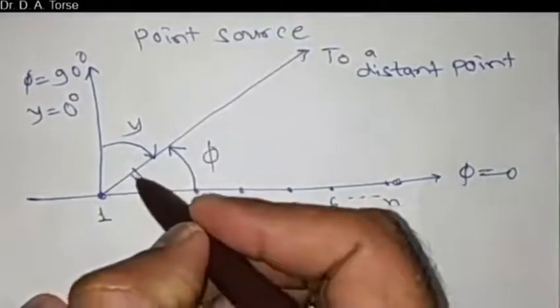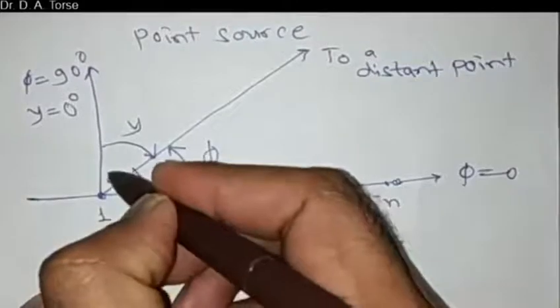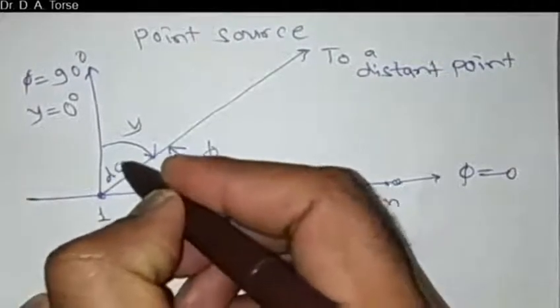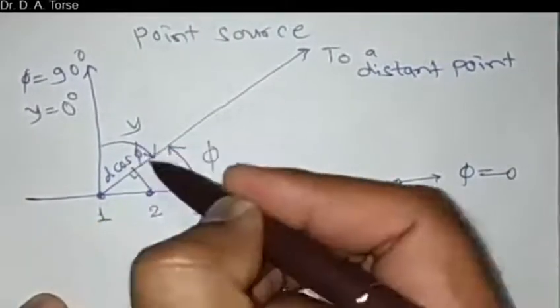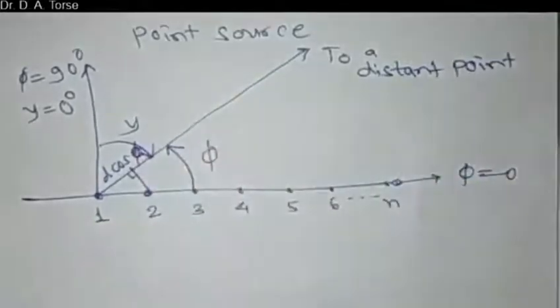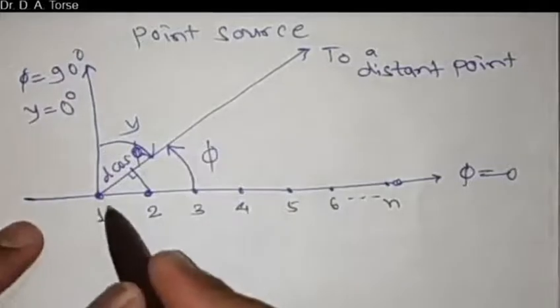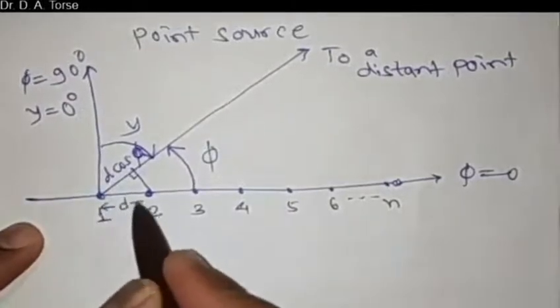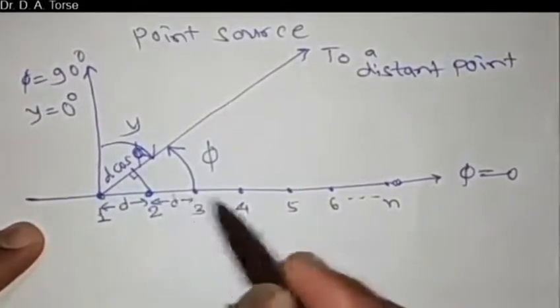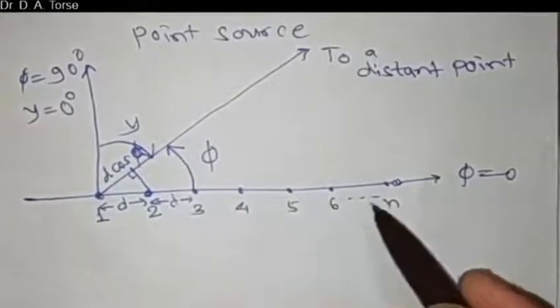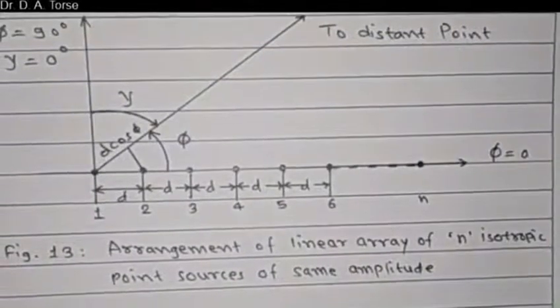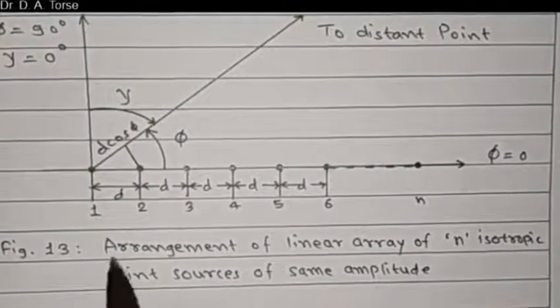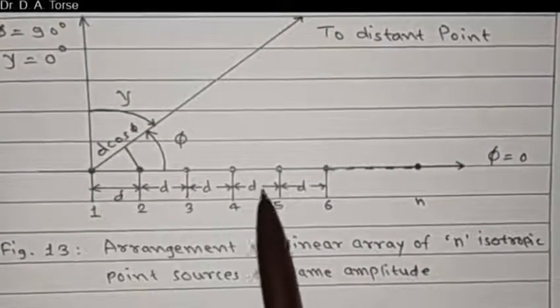As this is a right angle, this side we get as d cos phi. Adjacent. So the distance between each element is d, it is equal distance. I don't show it in all these cases, but as you can see in my notes, which I will be sharing along with the video, the arrangement is done such that it is equal distance.